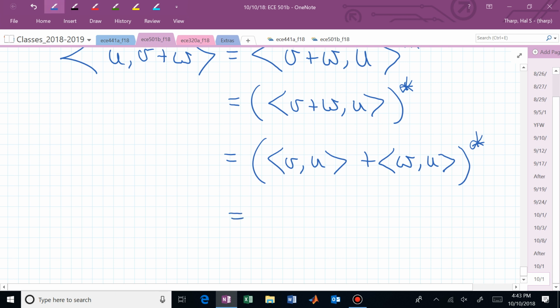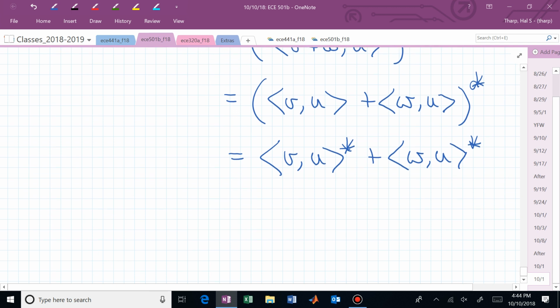Or now we can distribute that conjugate, and we now see that we have v,u conjugate plus w,u conjugate. But if we want to get rid of the conjugate, then we need to flip the location of the vectors in the slots.